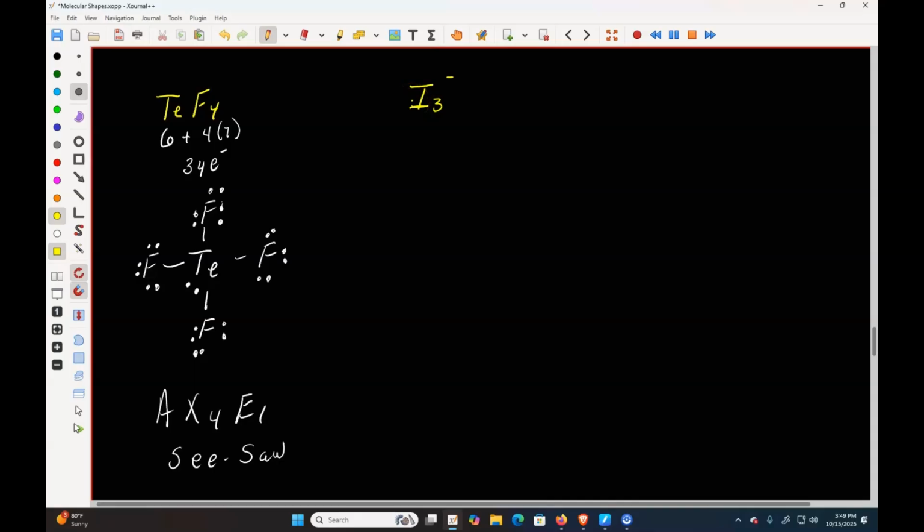Okay, I3 negative. Iodine will have 7 electrons in the outer shell, so it'll be 3 times 7. It has a charge of -1, so I'm going to add 1 electron. That would give me 22 electrons. We'll come back to those later.